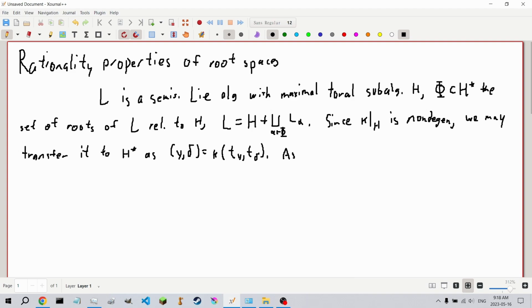Now, as our root space spans H star, we may choose a basis alpha i, from 1 to l, of roots.